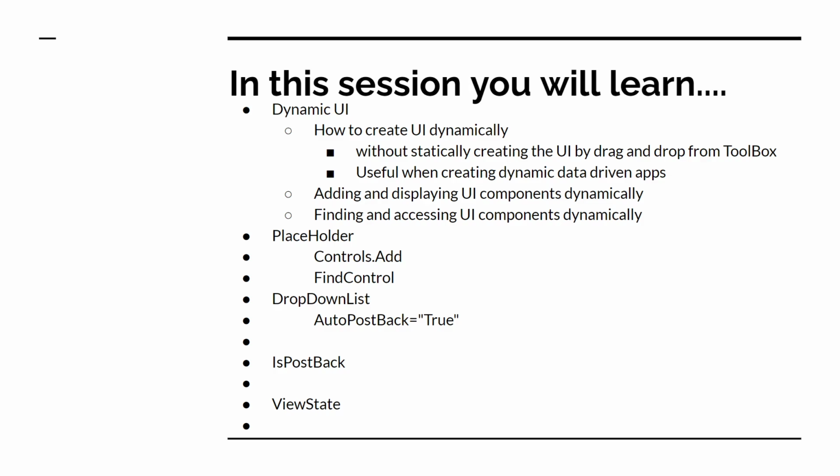This means without statically creating the user interface by dragging and dropping it from the toolbox. Normally when you create a user interface, you drag and drop from the toolbox and make a fixed user interface. That is what we call a static user interface.